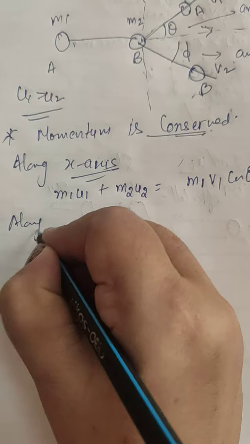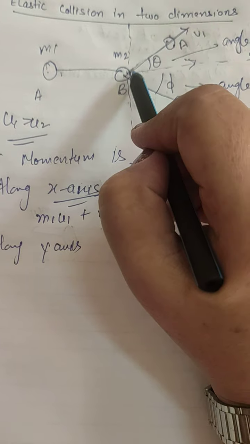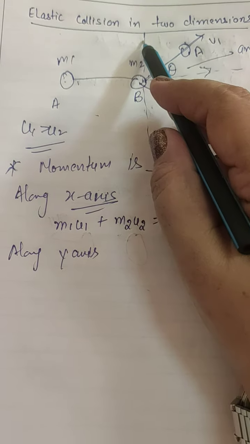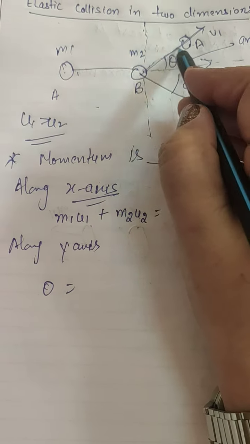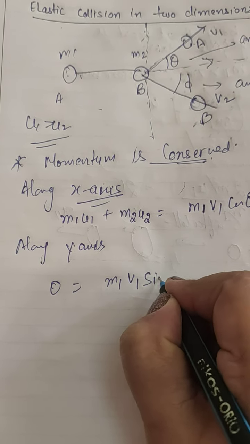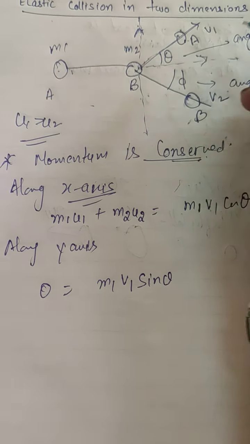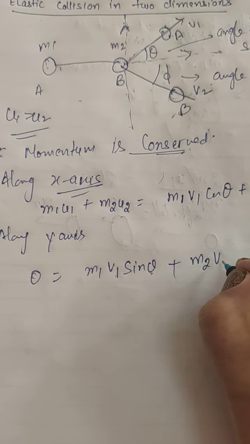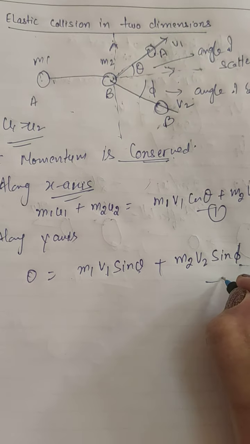Similarly along the y-axis, since initially the bodies are moving along the x-axis and there is no motion along the y-axis, the initial momentum along the y-axis will be 0. So 0 is equal to m1 v1 sin theta minus m2 v2 sin phi, since the vertical component is sine and the horizontal component is cosine. Call this equation number 1 and this number 2.